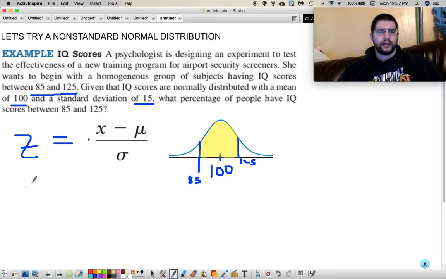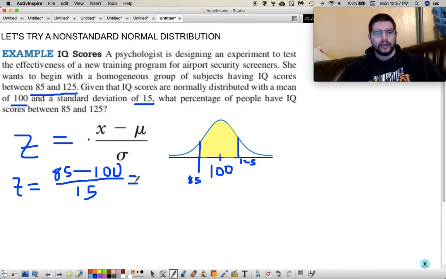To do that, first one, we take the value, x, subtract the mean, divided by the standard deviation. So you can do that in the calculator. That's going to give you -1. If we do the other one, the 125, I'll do it in red.